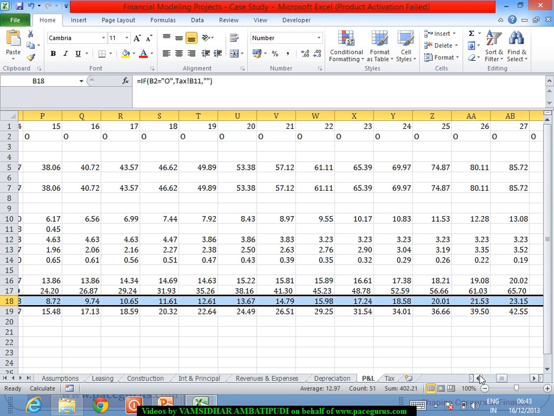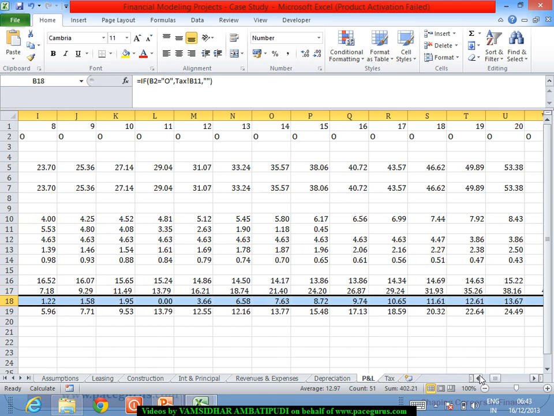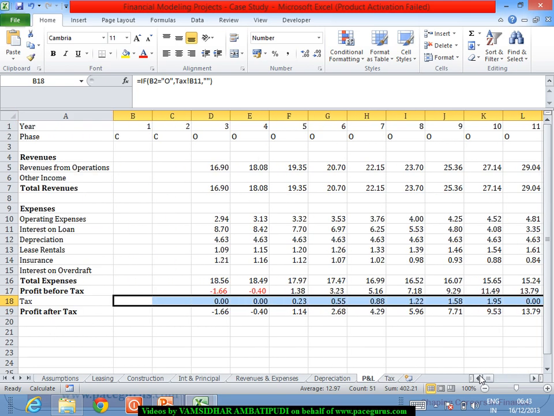In some cases, these are the taxes that are applicable as the project is getting older and older. These are the taxes that are applicable in each of the periods, and even it is reducing the profit after tax, because this is what will go as a part of our cash flow statement now.